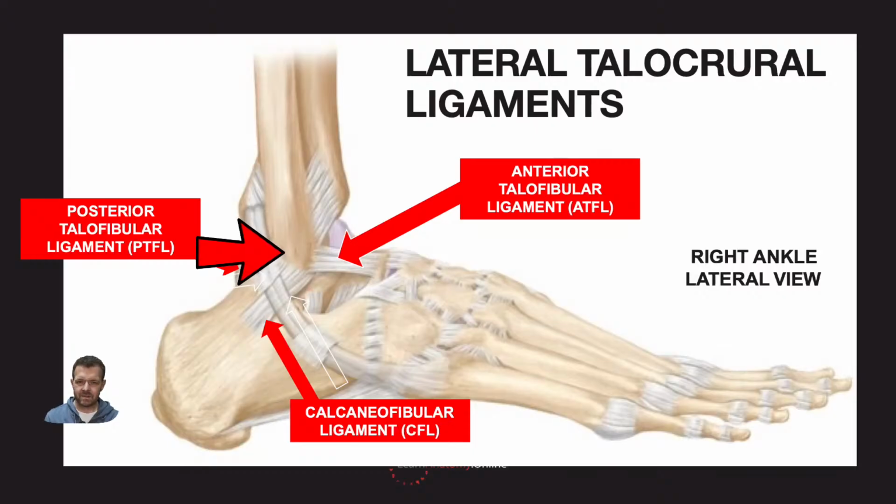And then the test that we do to test this ligament, well, you can do what's called a talar tilt test. So you basically put the ankle into that position to stress the ligament, and what you do is you find the lateral malleolus and then you palpate just in front.